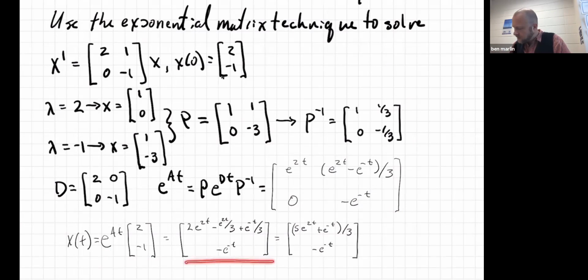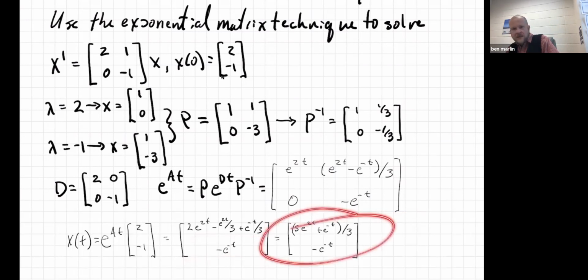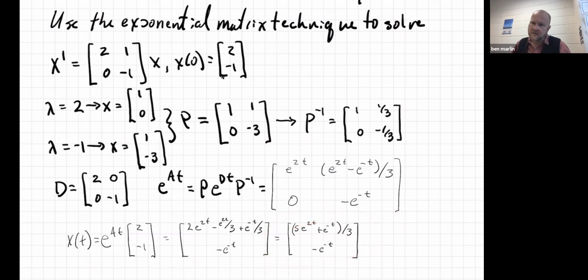So you take the e to the At that's over here and multiply it by that (2, -1). The top is a little bit messy, but the bottom is pretty easy to do. And once you've got that multiplied out, you end up with this function as your answer, okay?